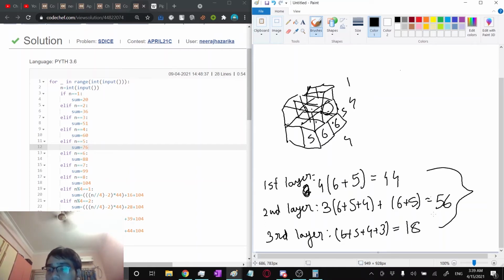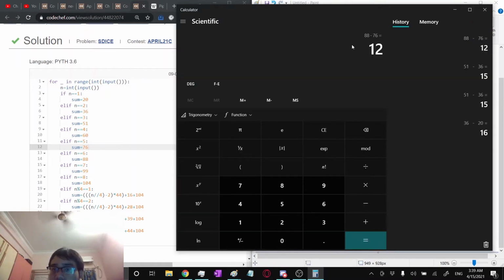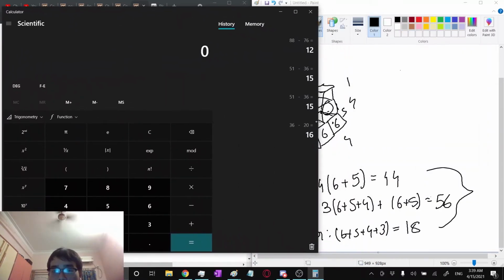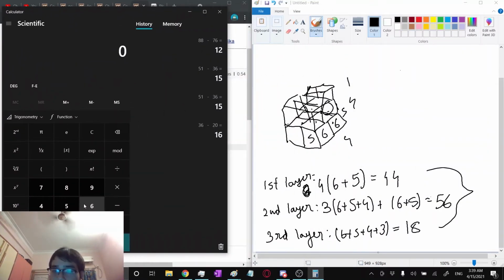And if we add all this, let's see, 44 plus 56 plus 18. This would give us 118.